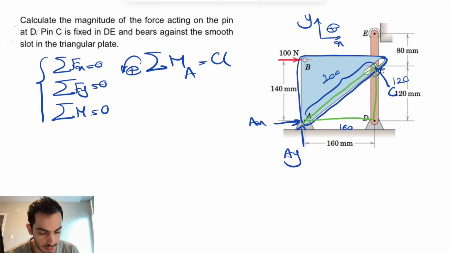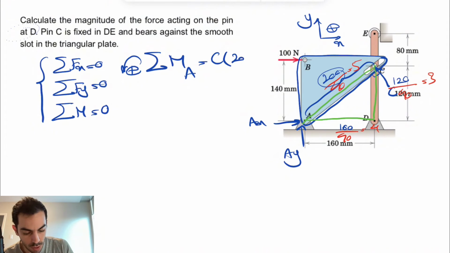And one easy way is that famous combination of 3, 4, 5. So if you just divide each of them by 40, this is going to be 3, this is going to be 4, and this is going to be 5. So that's how fast I figured that it is 200.